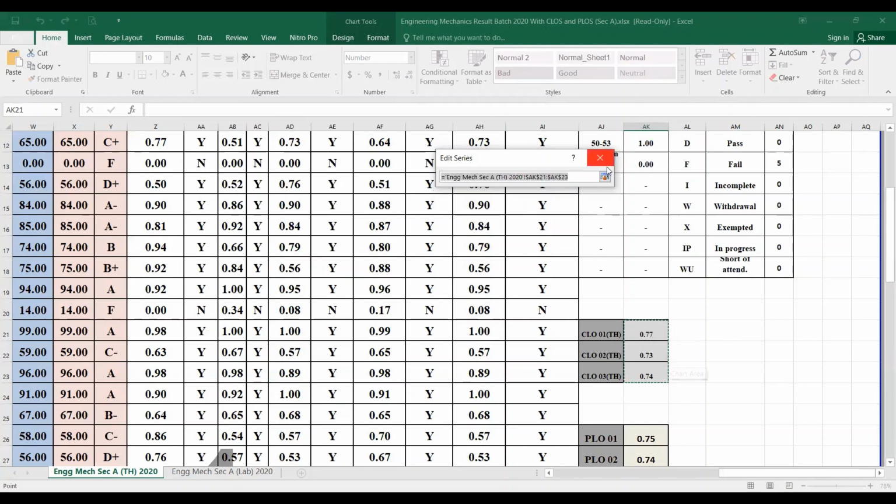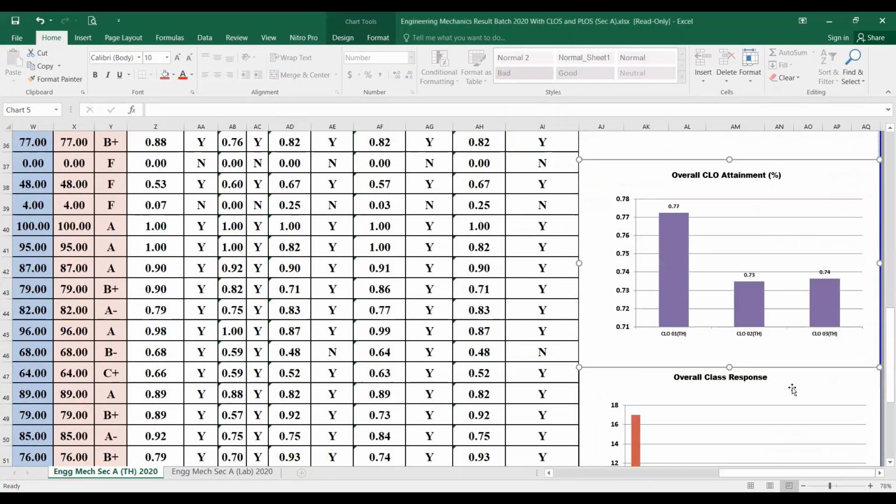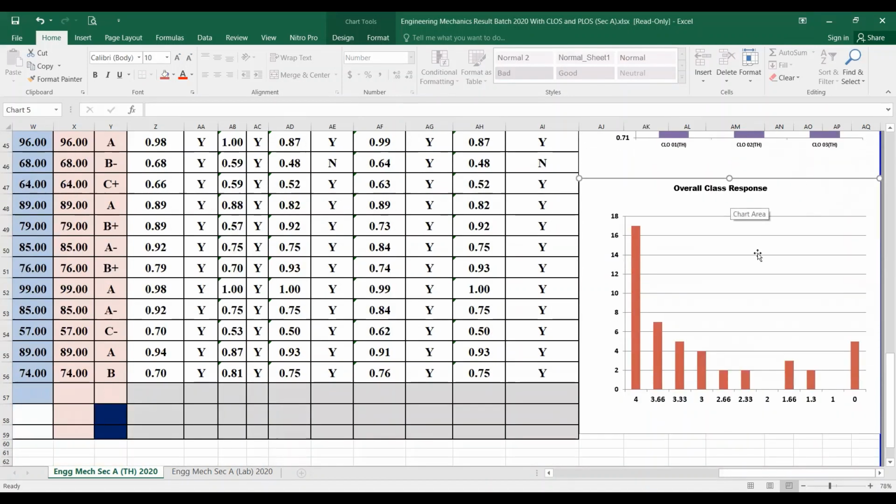You can see this checkbox. So this is done. It is already made over here, and now everyone can see the difference. Overall CLO1 attainment of this section A is 77%, overall CLO2 attainment is 73%, and overall CLO3 attainment is 74%.